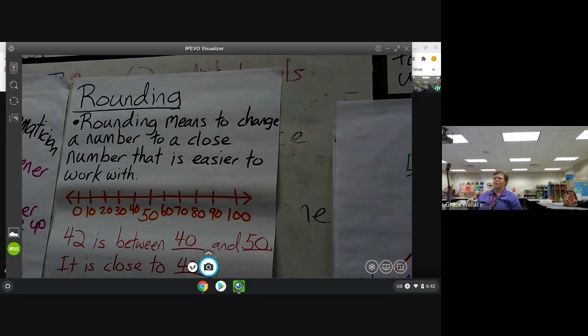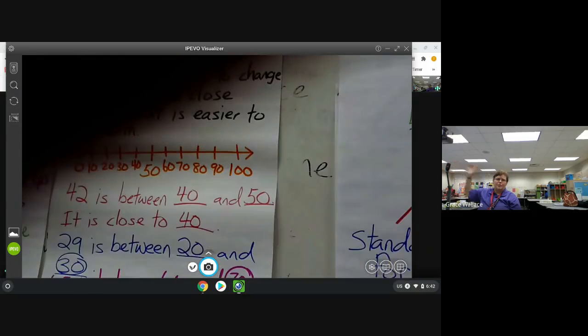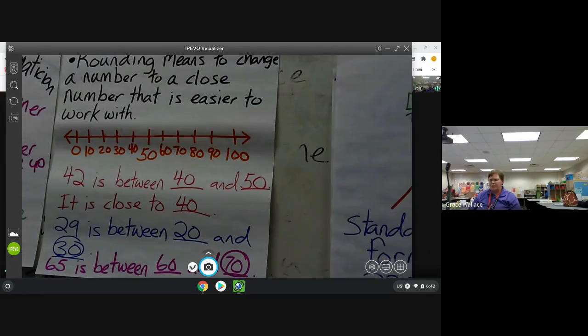Now, the way that we do rounding is we want to say that we're mathematicians. So to be a mathematician, we have to speak like a mathematician. So mathematicians use precise words. Math practice number 6, we use precise words. And the words we use when we talk about rounding are benchmarks. Here, these benchmarks are our tens.